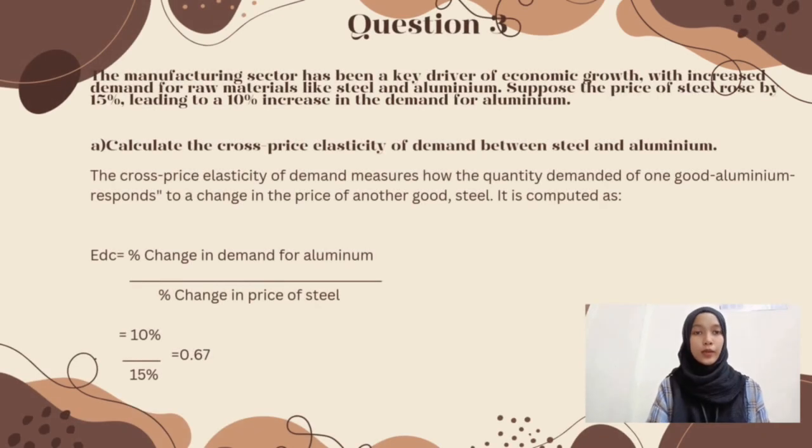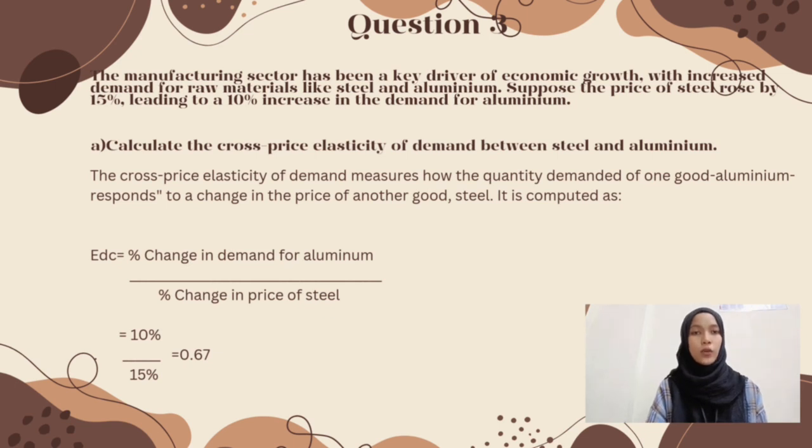Next one, I will explain how to calculate the cross-price elasticity of demand between two goods, steel and aluminium. So first, let's look at how to calculate the cross-price elasticity of demand, EDC, between steel and aluminium. So the formula is change in quantity demanded per change in price of steel.